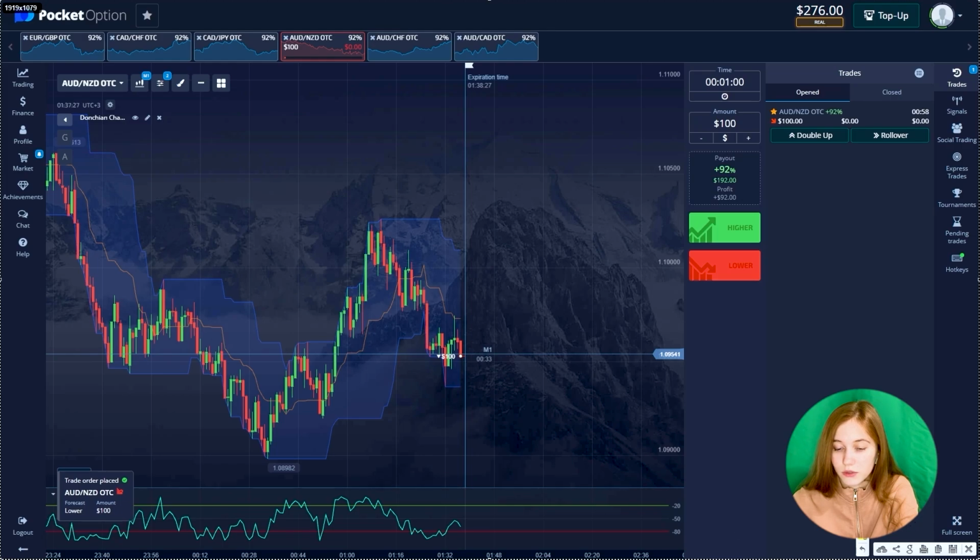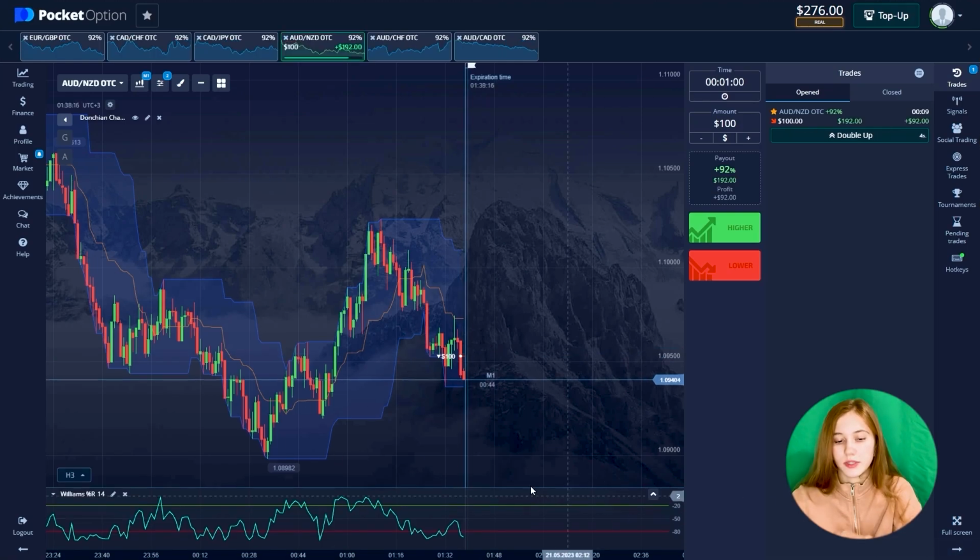So we are at the lower positions. But the second indicator is also in the drawdown, and we are approaching the oversold zone. Let's wait. 7 seconds left until the end of the deal.